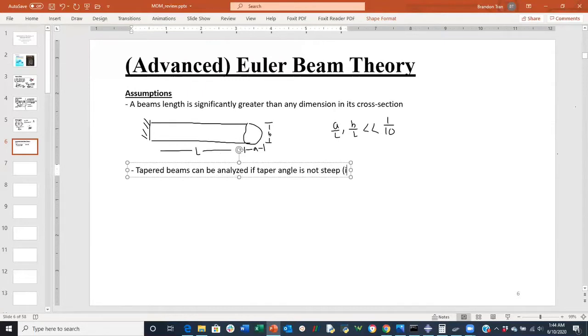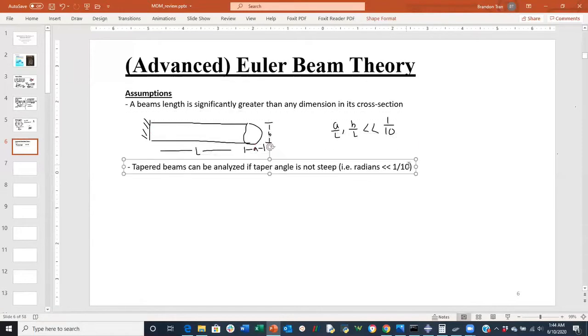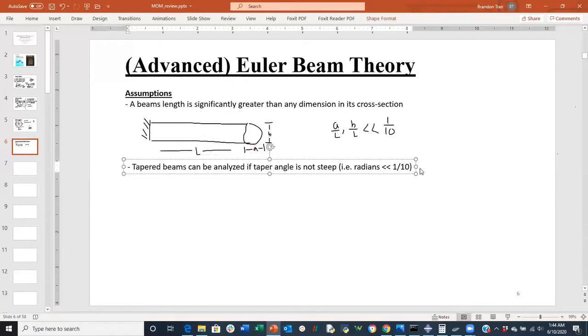So in other words, the taper angle, which is given in radians, is significantly less than, and again, for me, it'll be 1/10. So tapered beams can apply if this is met.